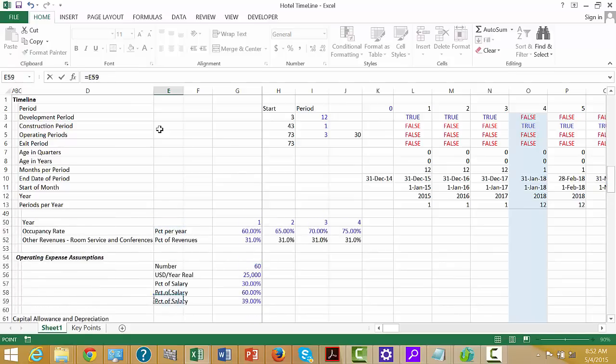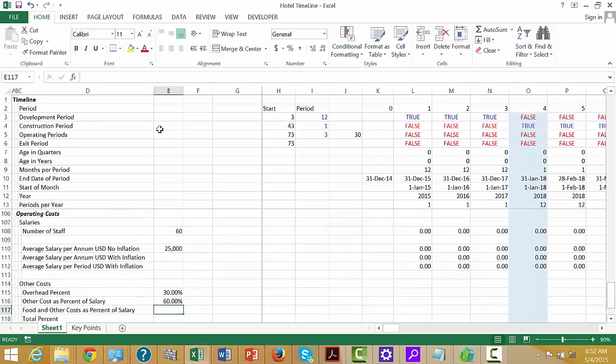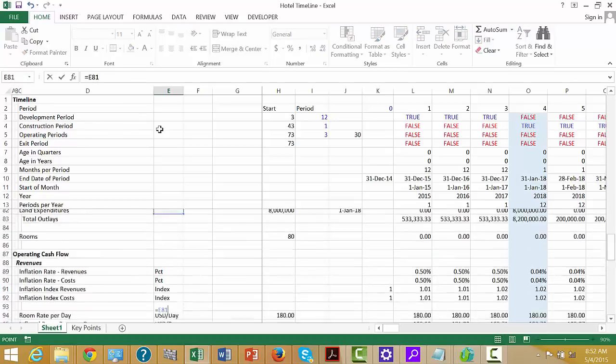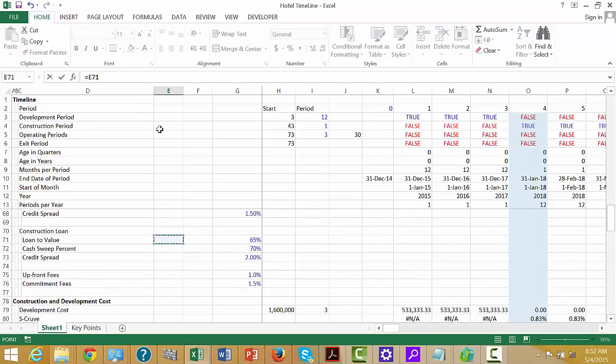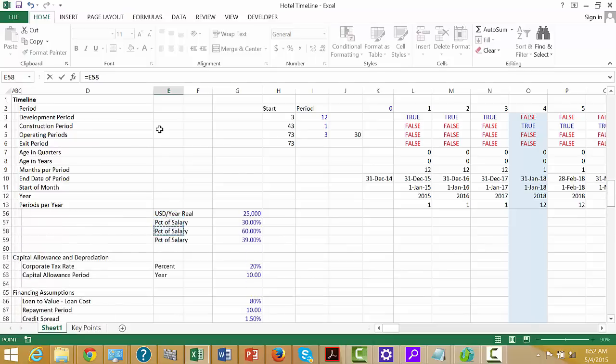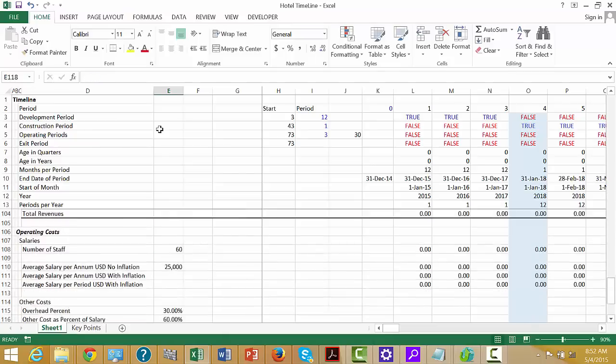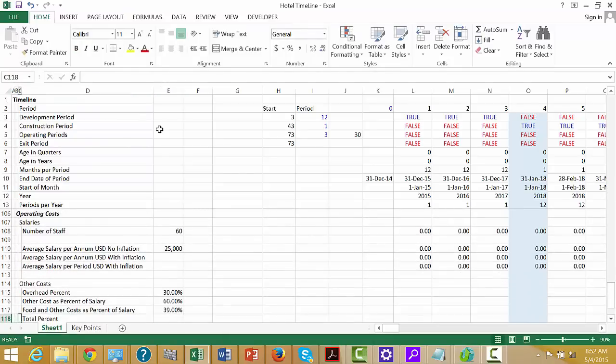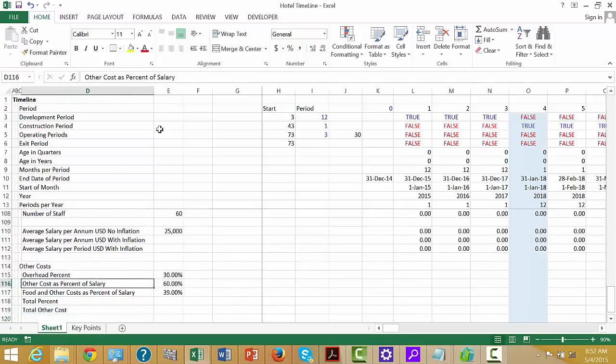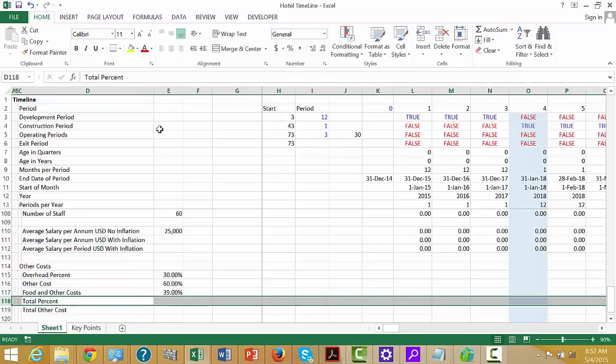But okay, and then we put this one in, and then we put this one in, and instead of A, B, C, D, E, okay, other costs, instead of putting as a percent of salary, let's just put other costs. I'm going to fix those titles after, and then we just need this.